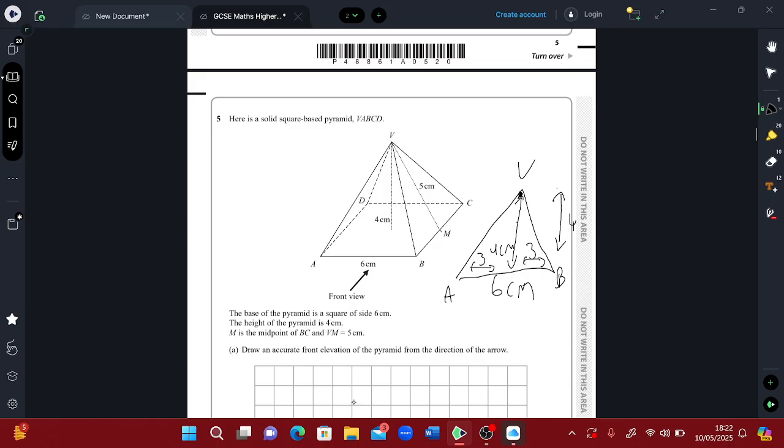So the square base and all these triangle sides. We want to work out the area that we can see, not the area inside, that's the volume, but the area of the surface, right? How much surface space there is, which is the individual areas of all these little shapes and sides here.